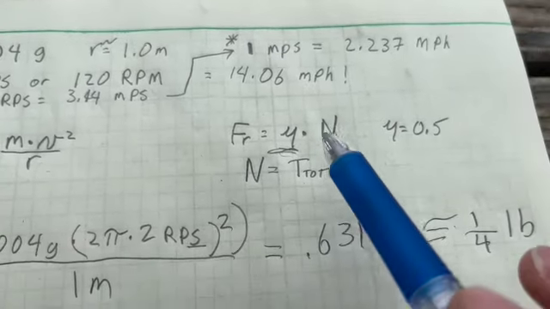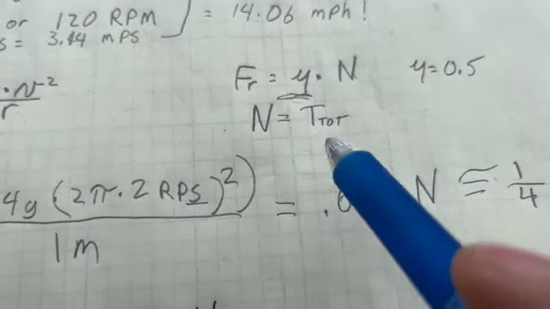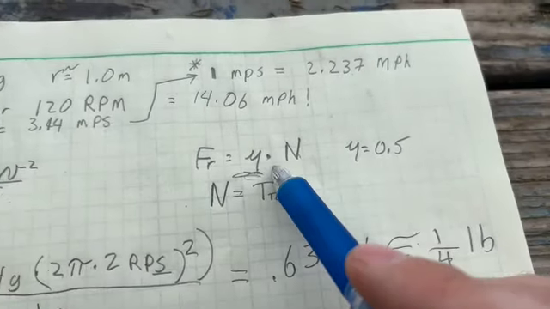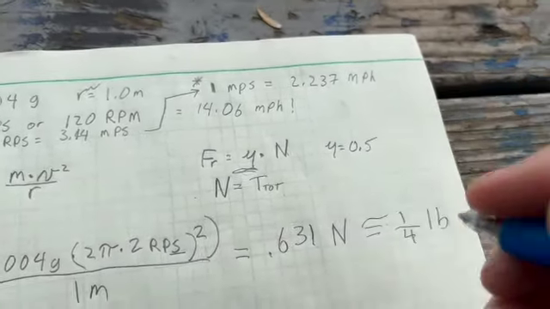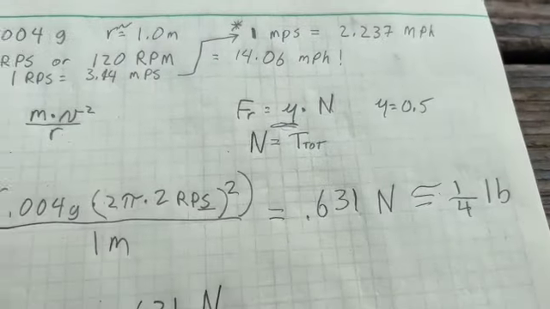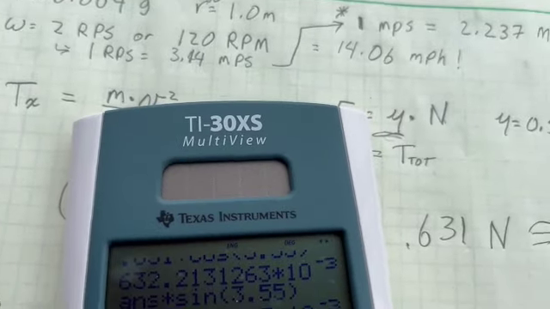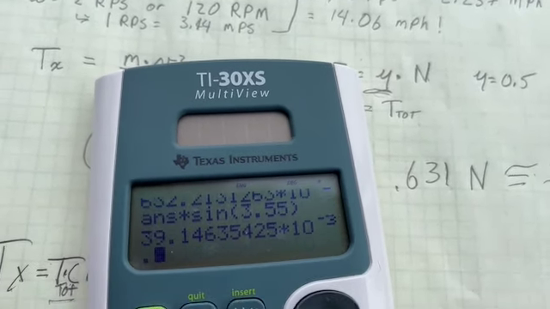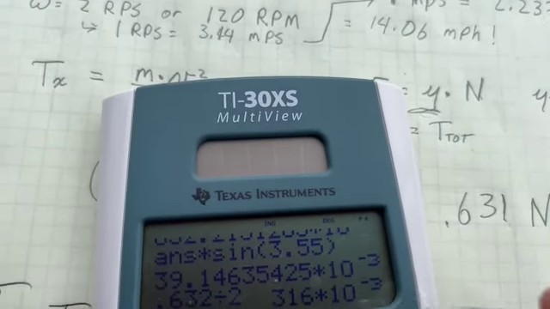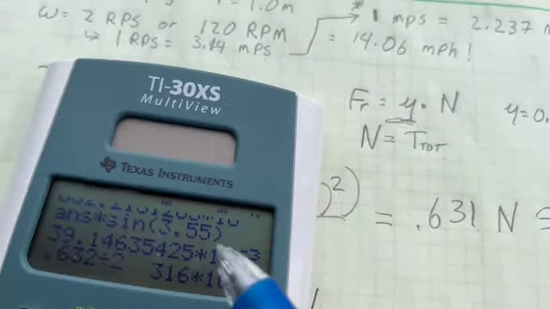So that is why N equals T total. Multiply that coefficient and we get a number 1/2 of the total tension, which was the 0.632, right? So we get 0.316.